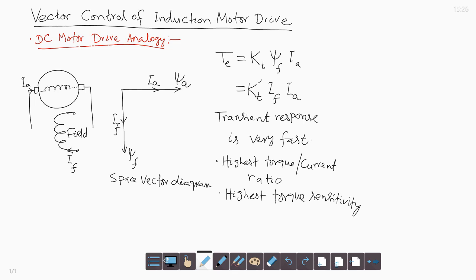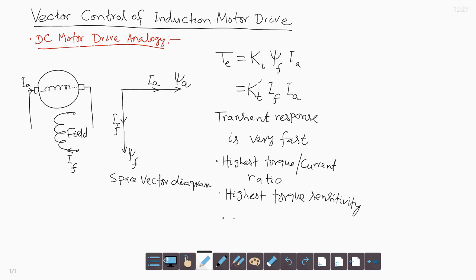And above the rated speed, field weakening control is done and field flux is reduced to give high speed operation, and during that time also torque sensitivity is good, and the response is fast during flux weakening control.